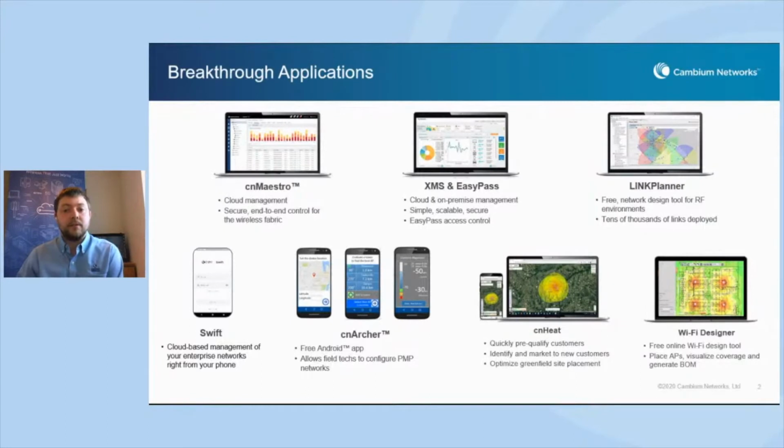CN Heat features 4 capabilities: locate, identify, optimize, and LiDAR, allowing you to predict coverage for pre-qualification, identify buildings to be targeted for marketing, and allow a service provider to optimally place a greenfield site to cover the desired subscribers.